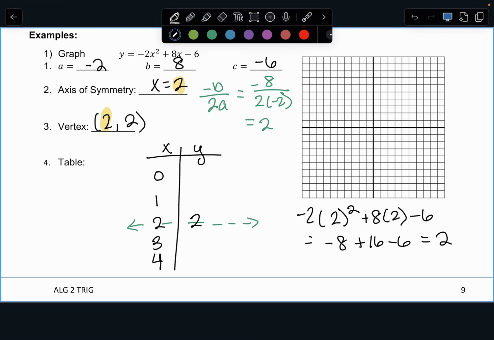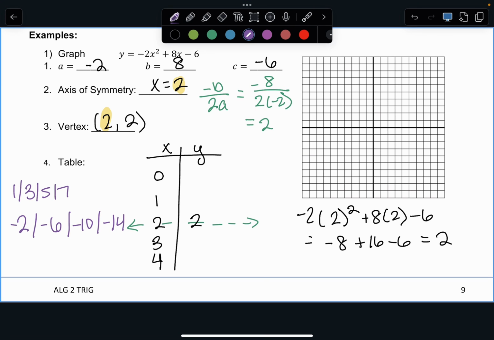On the right, I use my 1, 3, 5, 7, but A is negative 2. So I multiply all those numbers by negative 2: negative 2, negative 6, negative 10, negative 14. I like to write them down just so I don't lose track of where I am in the 1, 3, 5, 7.